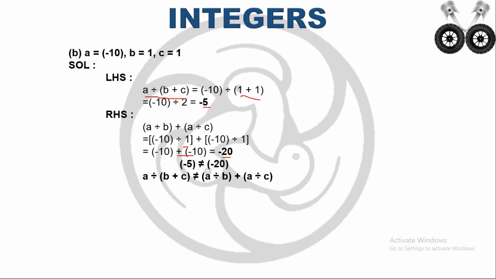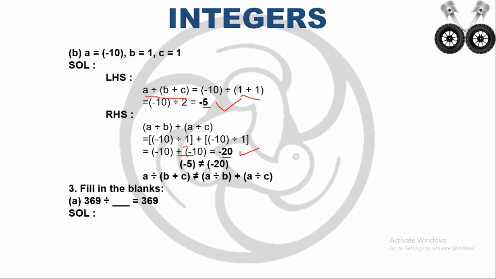So 10 plus 10 is 20. The sign is negative, so the answer is minus 20. What is the LHS value? It is minus 5. RHS is minus 20. So minus 5 is not equal to minus 20, therefore A divided by (B plus C) is not equal to A divided by B plus A divided by C.